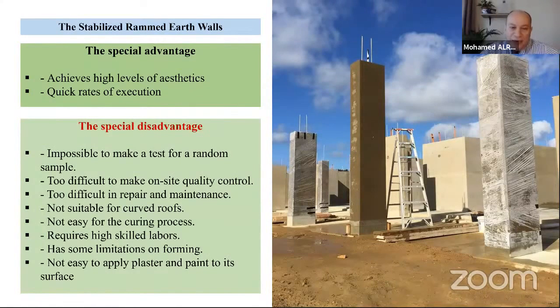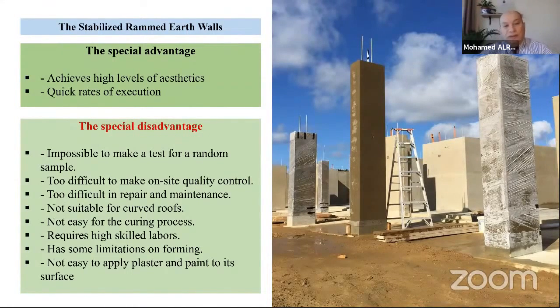But there is a special disadvantage. This technique still needs to be treated. The first and most important deficiency of this technique is that, until now, it is impossible to test a random sample. Maybe later on it will be treated, but you cannot take a random sample of a wall to the laboratory and test it under the laboratory test equipment.